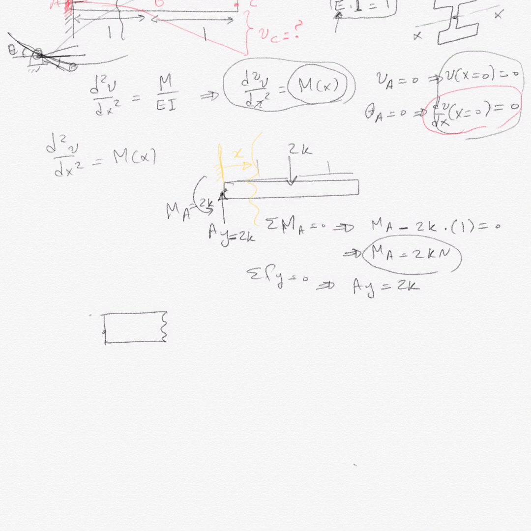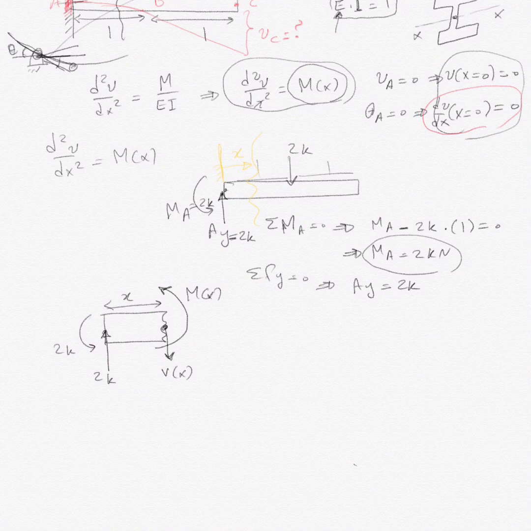So I already have a 2 kN here, moment, 2 kN force up, from here to here is x that I cut, and this is the cut point. V at x, shear at x, M at x, and that's it. Don't forget, I don't include the 2 kN because I'm just before that, okay?